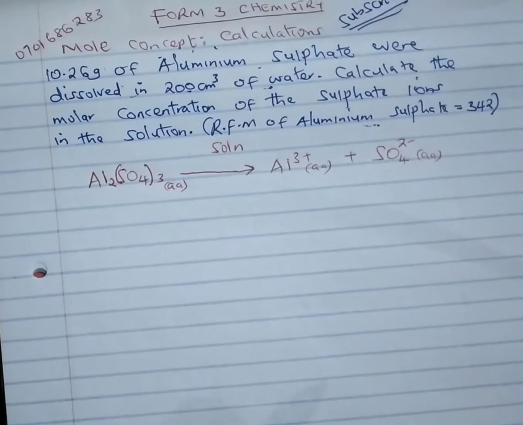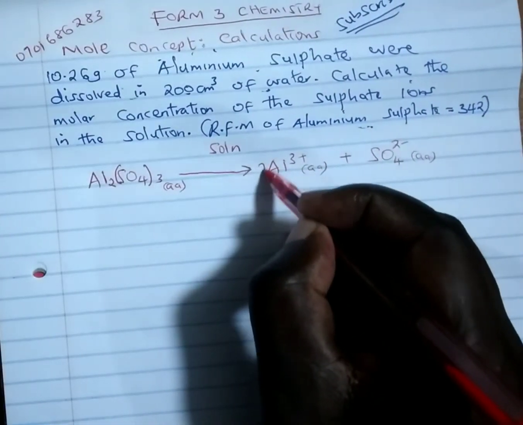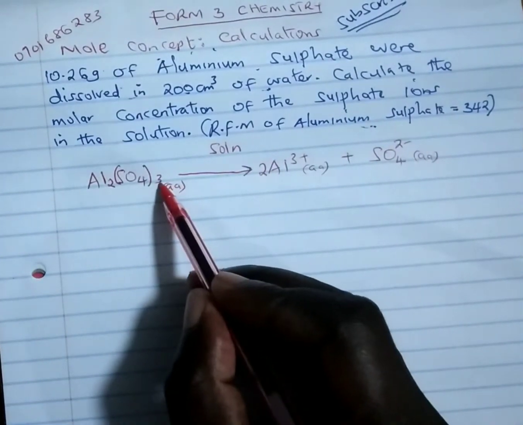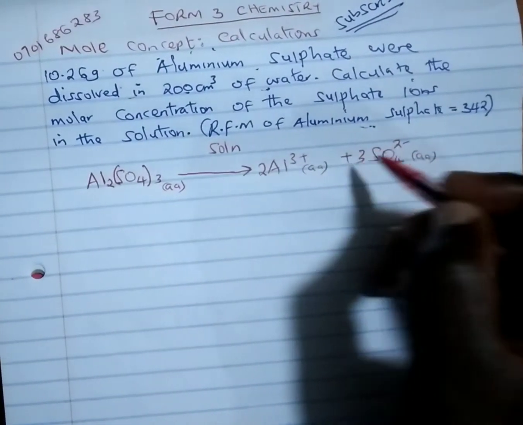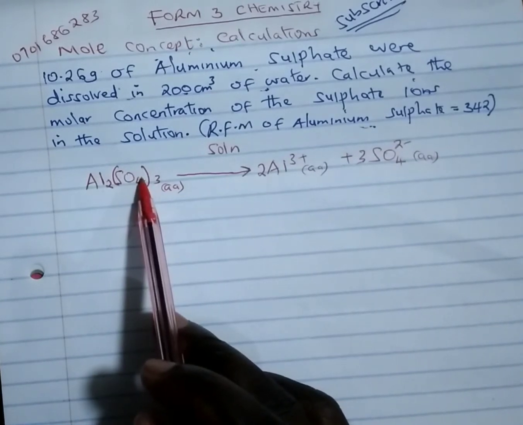We can balance the equation by writing 2 behind the aluminum ion so that we can balance the aluminiums, and also 3 behind the sulfate ion so that we can also balance the sulfate.